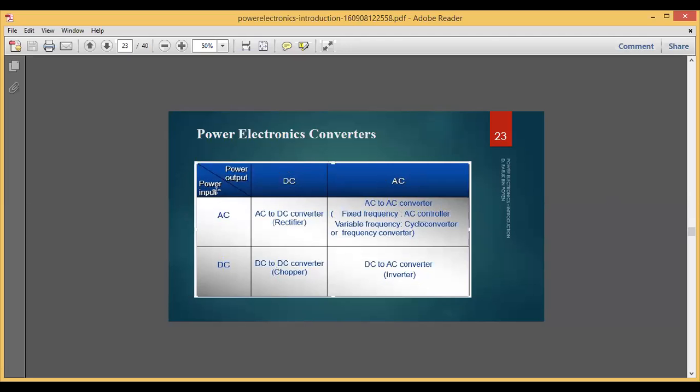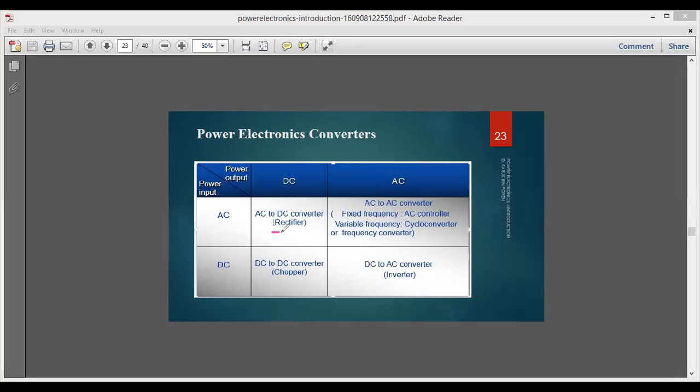Now, in a power electronic converter, if you are supplying AC current to the power electronic device, for example, your input to the device is AC, and you want the output to be DC, then there is one converter available here.